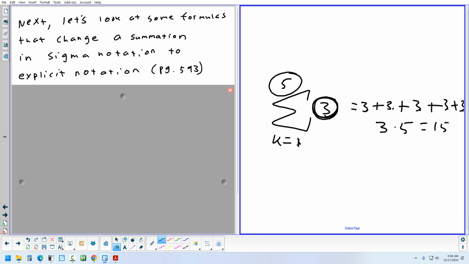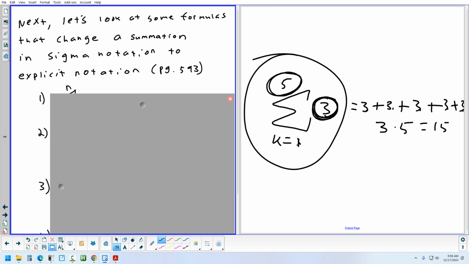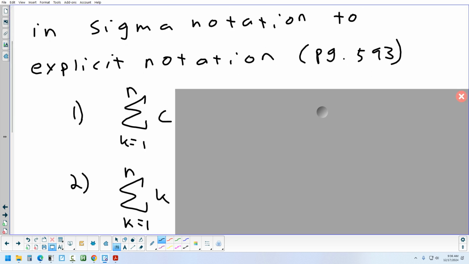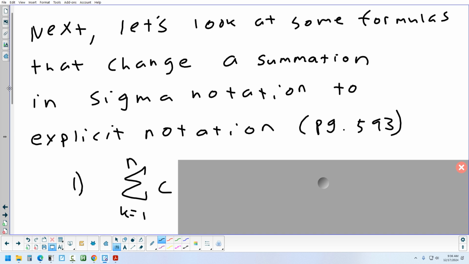So whenever that number on the right-hand side is a constant, the answer to doing this whole thing out is going to be that number multiplied by that number. So now, looking at this one, let me make this page a little bigger again. What do you think the answer to this would be?